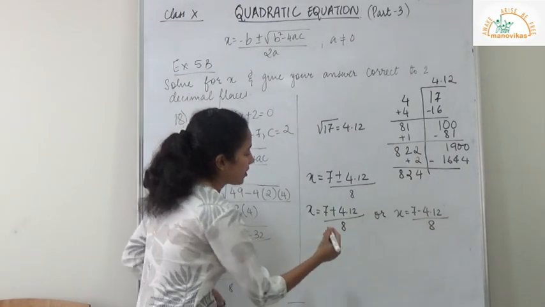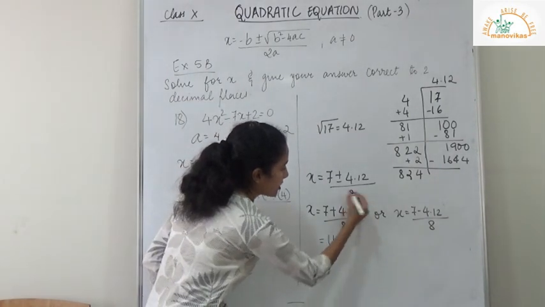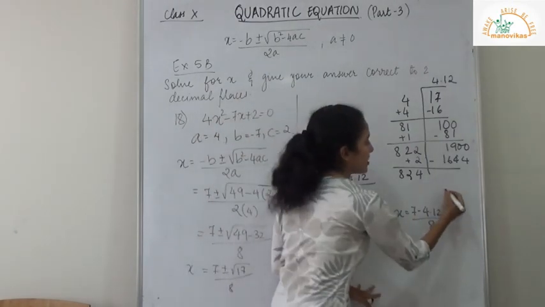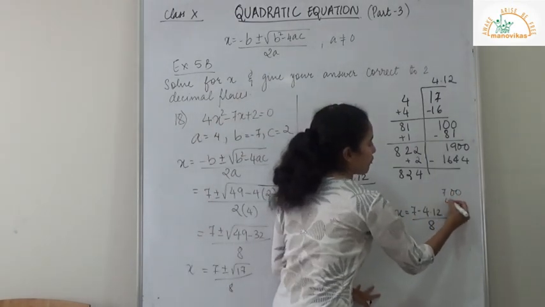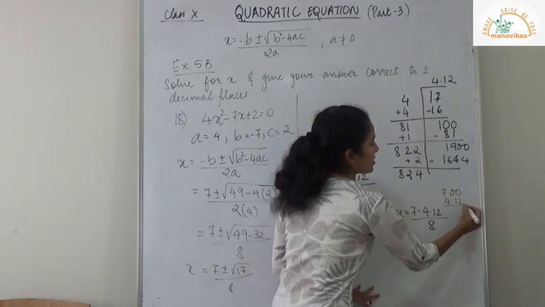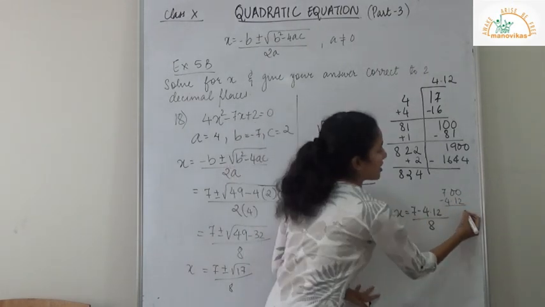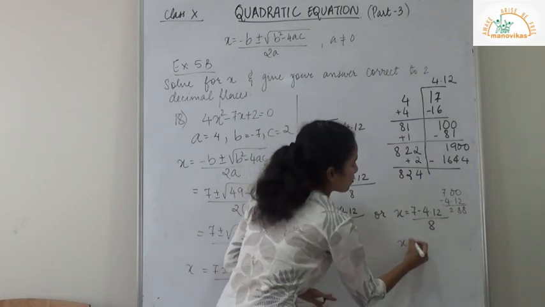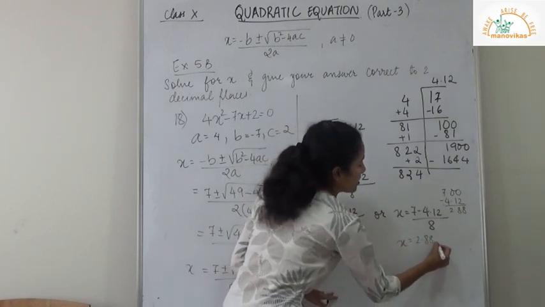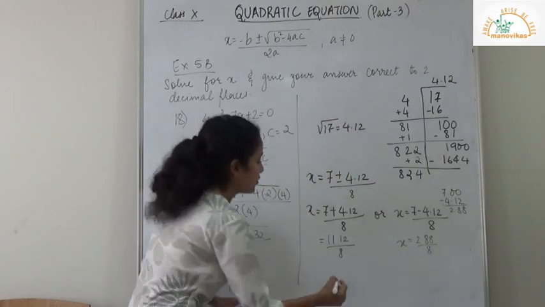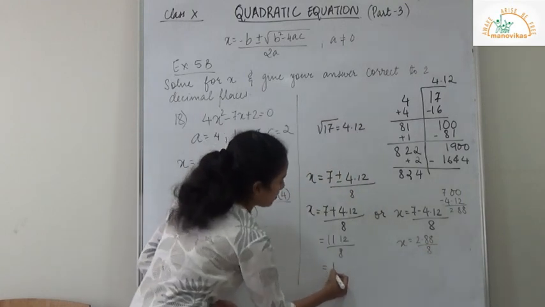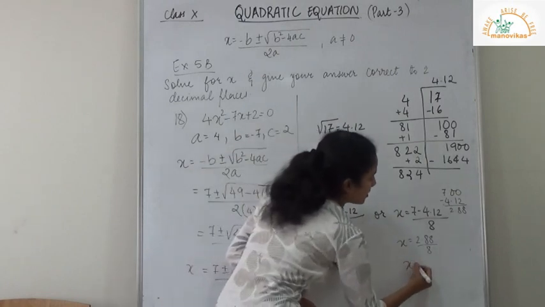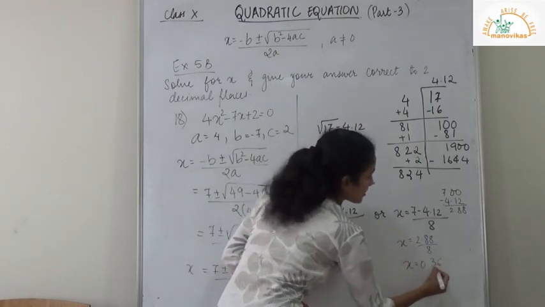So from here you add this up, so I get 11.12 divided by 8. Now over here it will be 7.00 minus 4.12, and when you subtract you will get 2.88. So that is x is equal to 2.88 divided by 8, which when you divide I get 1.39, and this will be 0.36.